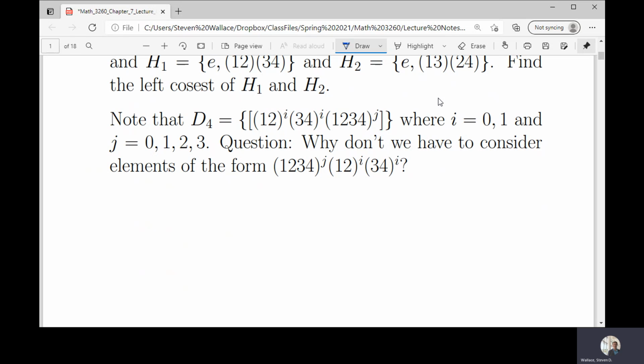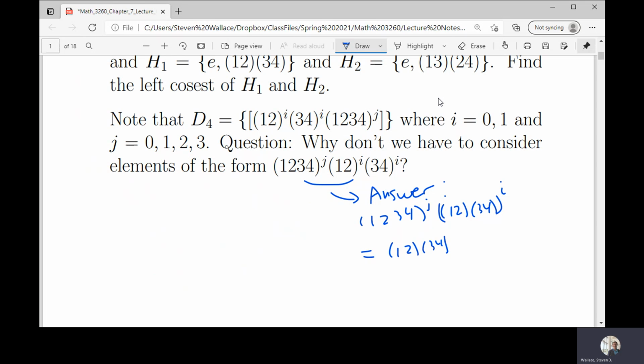Well, because there's a relation that says the rotation to the j, then the reflection to the i, is the same as the reflection to the i, then the rotation to the D4 minus j, that's if i is 1.